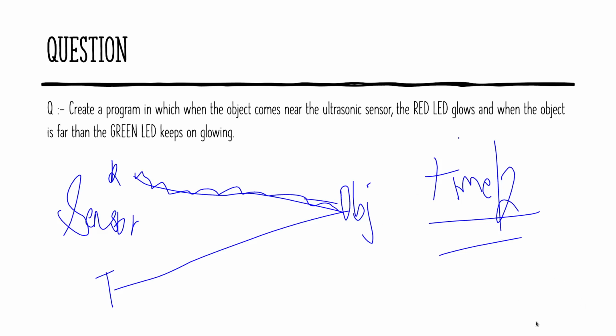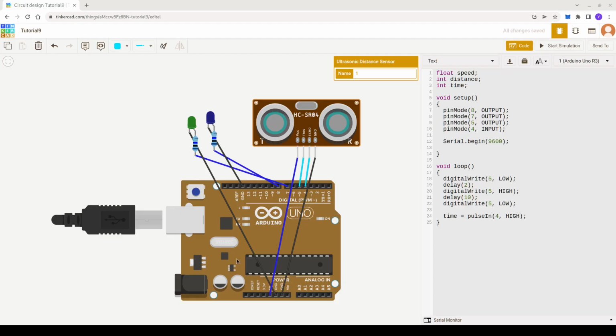Okay, guys. So now I'll take you again to my Tinkercad screen. Here, we want to divide by 2, right? Because let's say the object is here, we only want this much time. So for that, we just divide by 2, and then we will get this time.